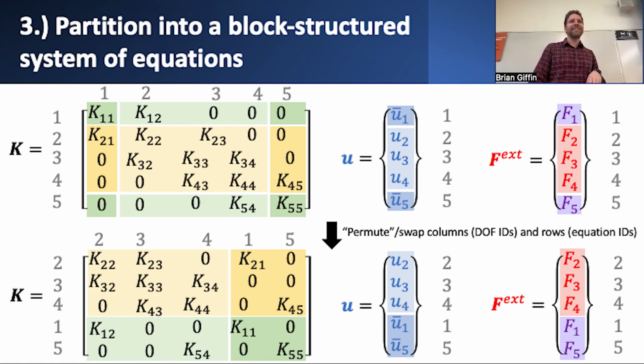I do the same thing with the force vector. And at the same time as I do these transformations for the displacement and force vectors, I also have to rearrange correspondingly the entries of the stiffness matrix just to make things consistent.